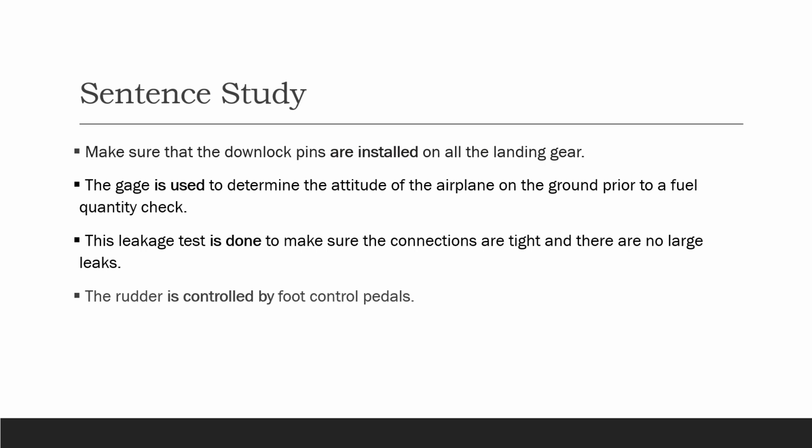Oradan cümleyi bölüyorum. Bağlantıların sıkı olduğundan ve büyük sızıntıların olmadığından emin olmak için bu sızıntı testi yapılır. This leakage test is done. Bu kısmı sona bıraktım çünkü cümlenin fiili orada. Is done.